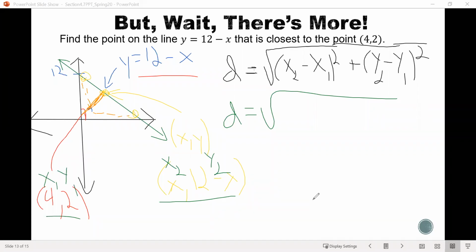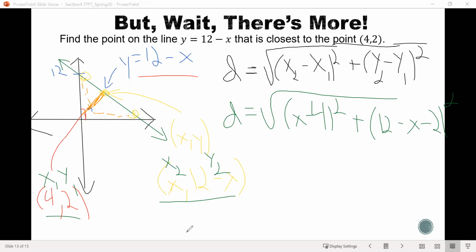So I'll end up with (x minus 4) squared. That's supposed to be a 4. Plus (12 minus x minus 2) squared.